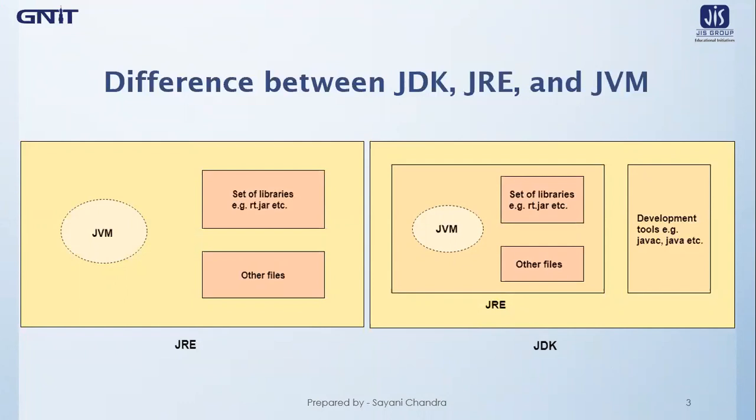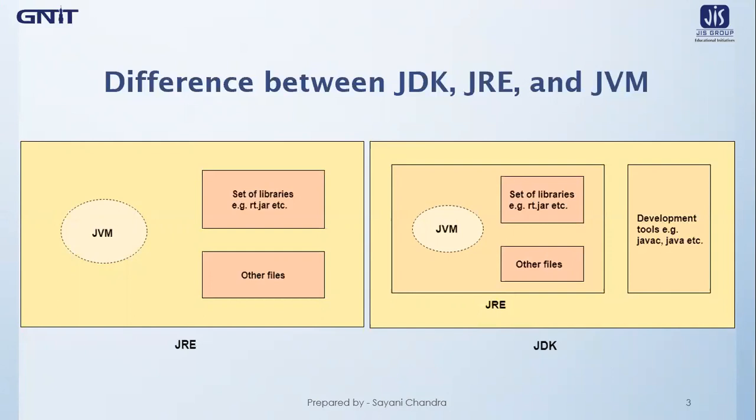JVM, JRE, and JDK, all these three are platform dependent because the configuration of each operating system is different from each other. However, we know that Java is platform independent. Why Java is platform independent and why JVM, JRE, and JDK are platform dependent, I have already discussed in the previous lecture. There are three notions of the JVM, which are specification, implementation, and instance.